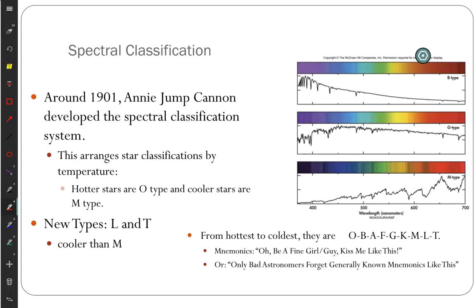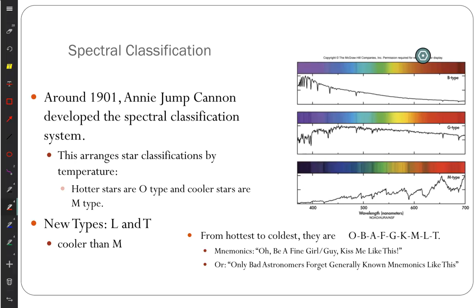It's O, be a fine gal, or if you're a guy, kiss me. And then they've added two more, L and T, so like this. So, O, be a fine gal, kiss me like this. You know, good words to speak to your love. Those are listing the stars in order from hottest to coolest.